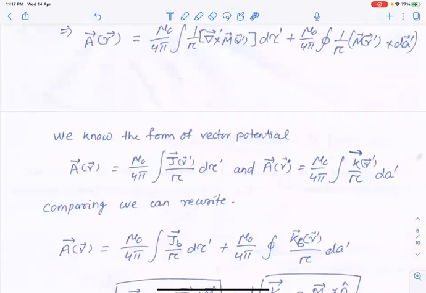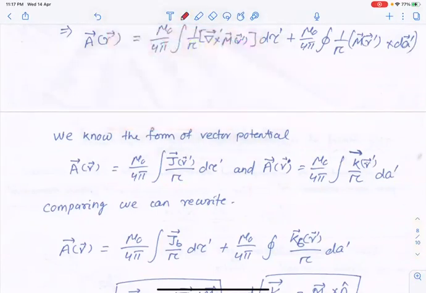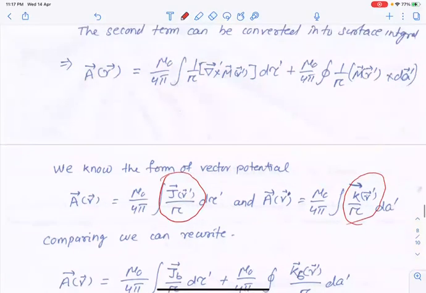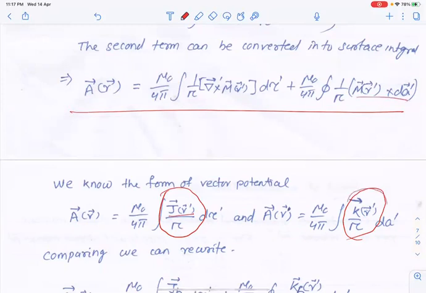That's your definition of the vector potential in terms of the volume current J of r prime and the surface current K of r prime. Now when you compare this expression, everything is the same, besides the fact that there is del prime cross M of r prime in place of J of r prime, and M of r prime cross dA prime in place of K of r prime.